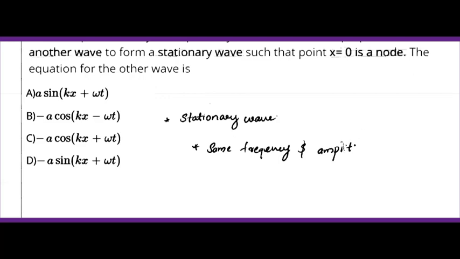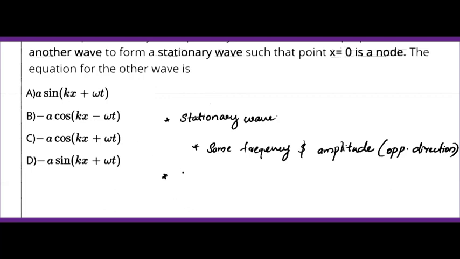Stationary waves are waves which have the same frequency and amplitude and travel in opposite directions. This is the definition of a stationary wave.